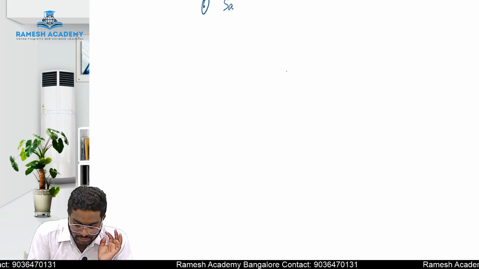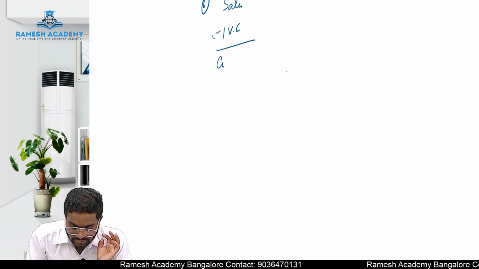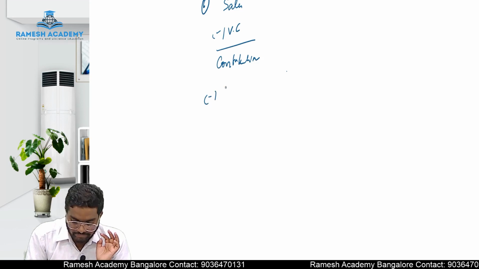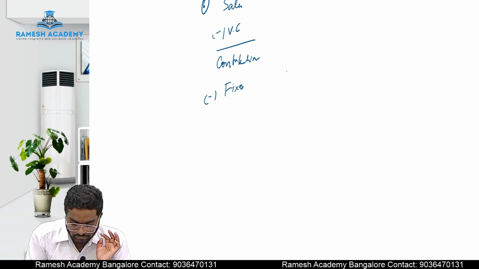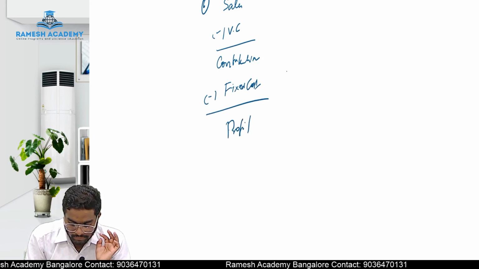What is our income statement? Sales minus variable cost, we will get the contribution, minus the fixed cost, we will get the profit. Understood?